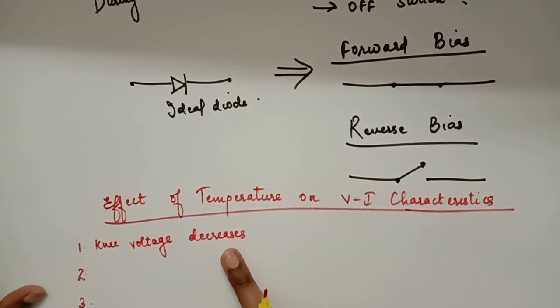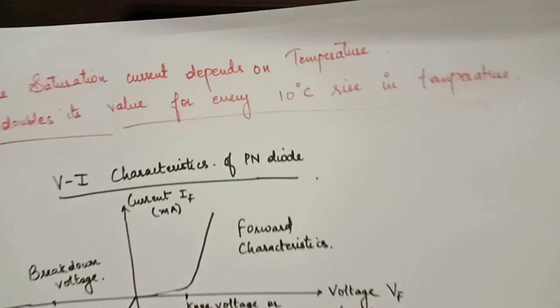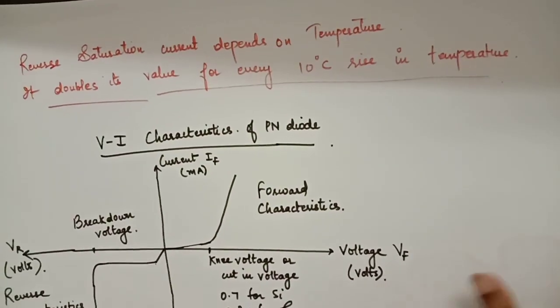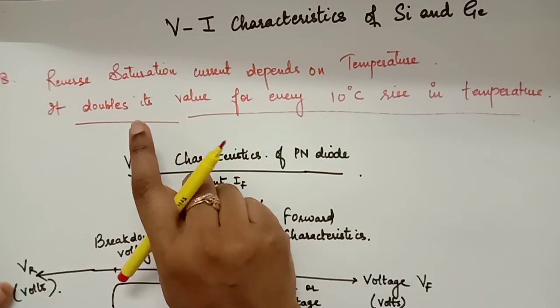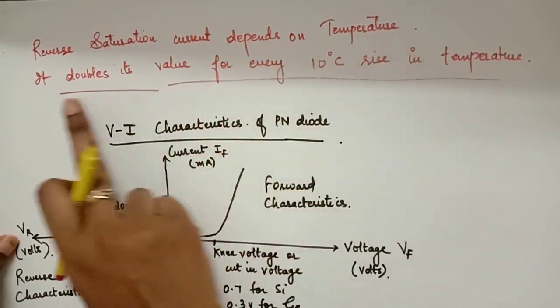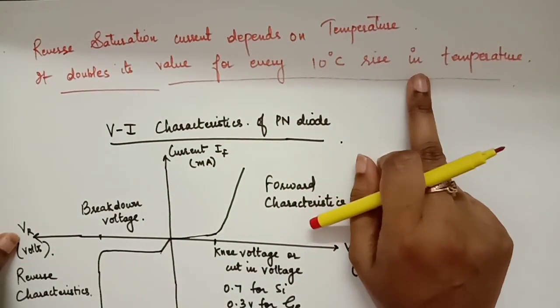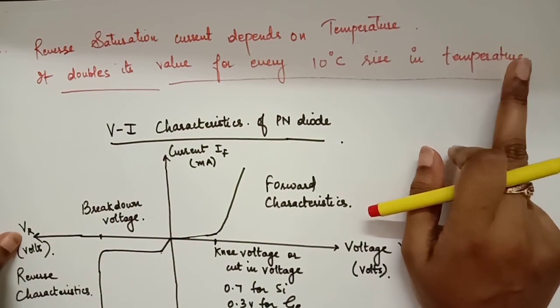Second effect, now come to the reverse biasing case. You have already learned, and I have the same notes copy that we have learned in the last lecture, that the reverse saturation current depends upon temperature. It increases with the increase in temperature because it doubles its value for every 10 degrees Celsius rise in temperature.